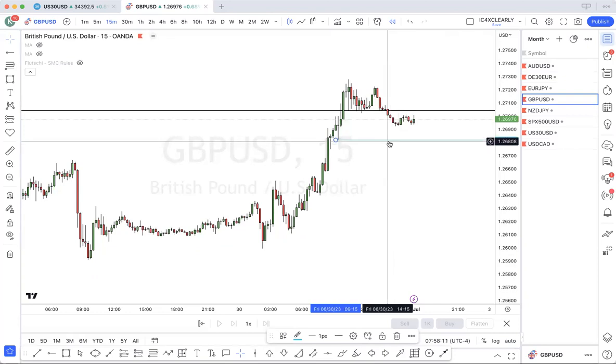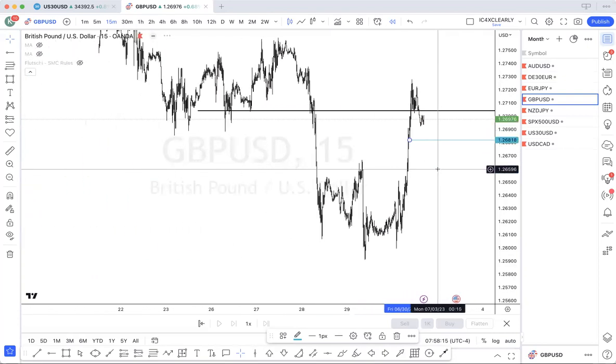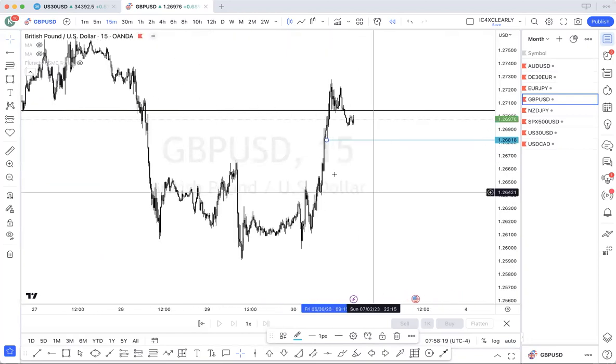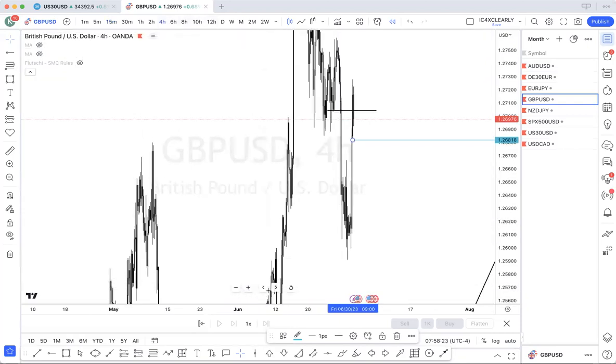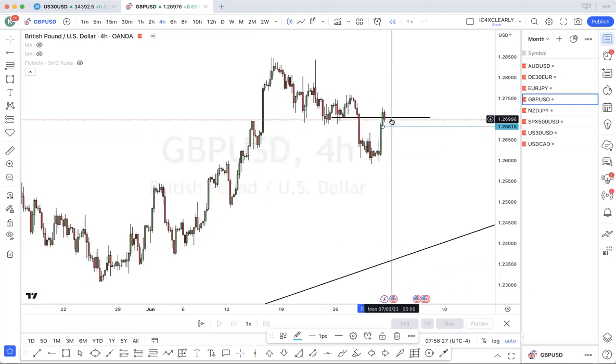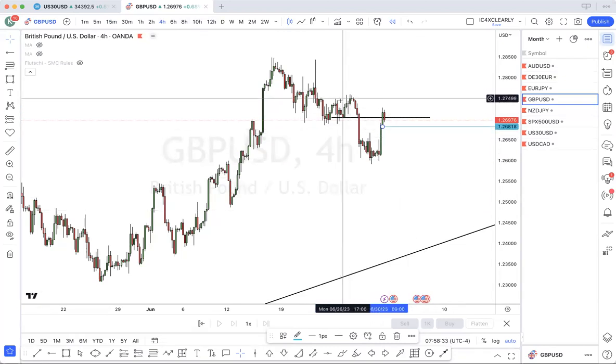However, if it breaks this little level here, I would definitely look for sales back down to the downside. I would look for sales to continue selling down because it did not break this high.